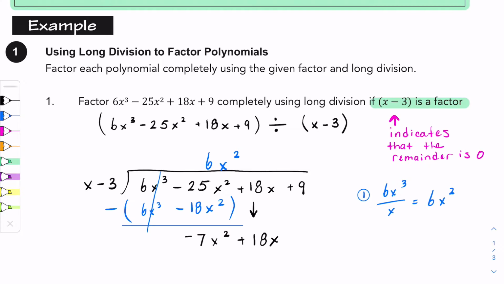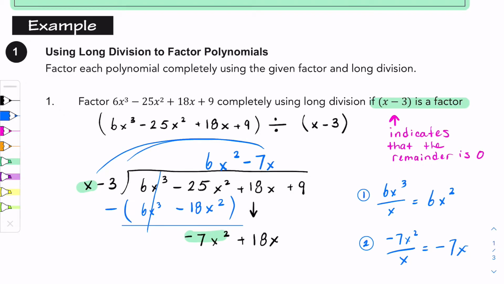Now we have a new first term of the dividend. We're going to divide negative 7x squared by x. This divides out to negative 7x. Negative 7x is the next term in your quotient, which you multiply by both terms in the divisor.